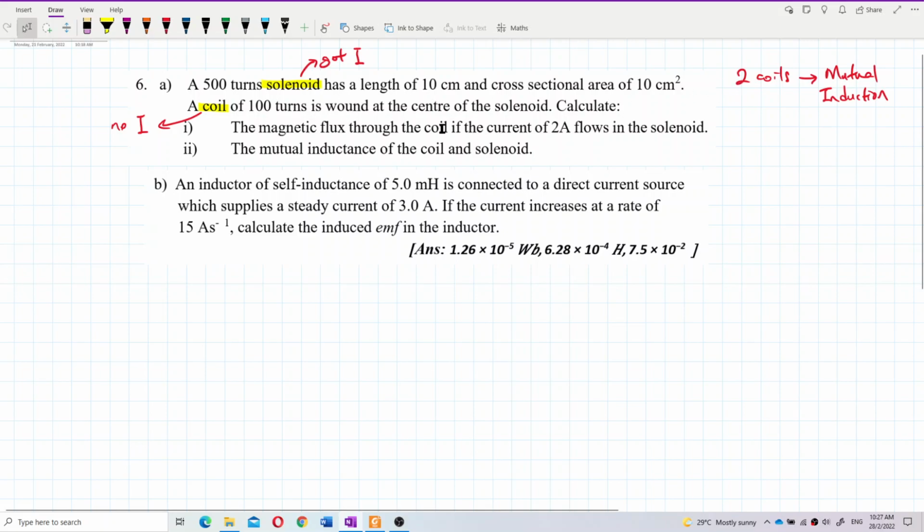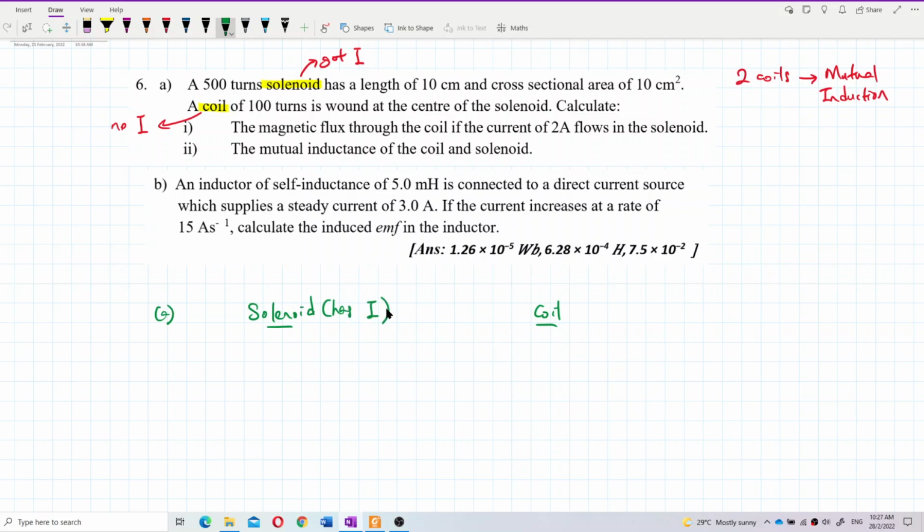Okay, two coils. I think it's better we divide this into two columns. Put the information for solenoid under one column, and the information for coil under another column. That's a more systematic way to do it. So this is for question A. We have a solenoid and a coil. The solenoid has current initially, the coil has no current initially.